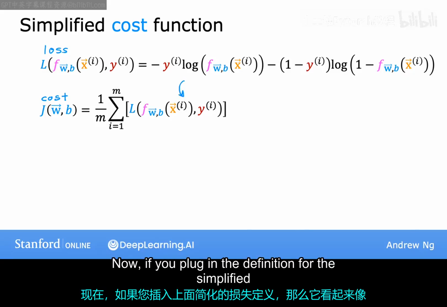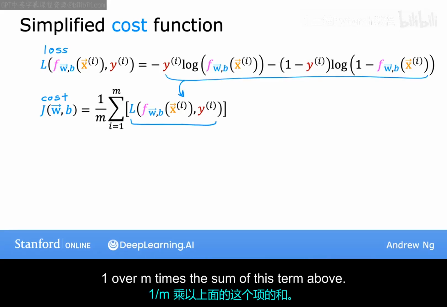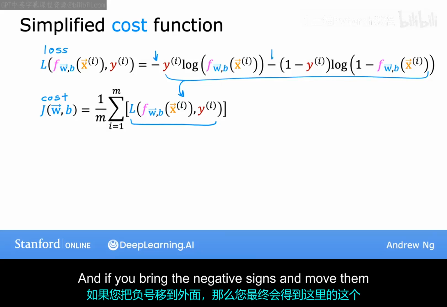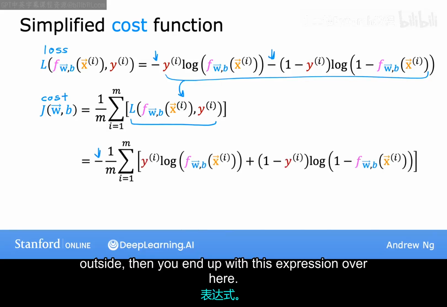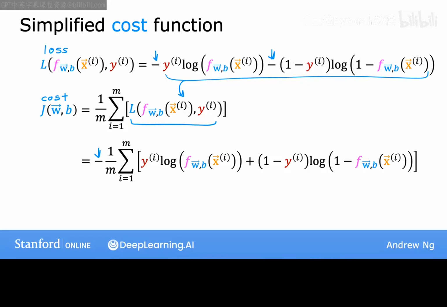Now, if you plug in the definition for the simplified loss from above, then it looks like this, 1 over m times the sum of this term above. And if you bring the negative signs and move them outside, then you end up with this expression over here. And this is the cost function, the cost function that pretty much everyone uses to train logistic regression.